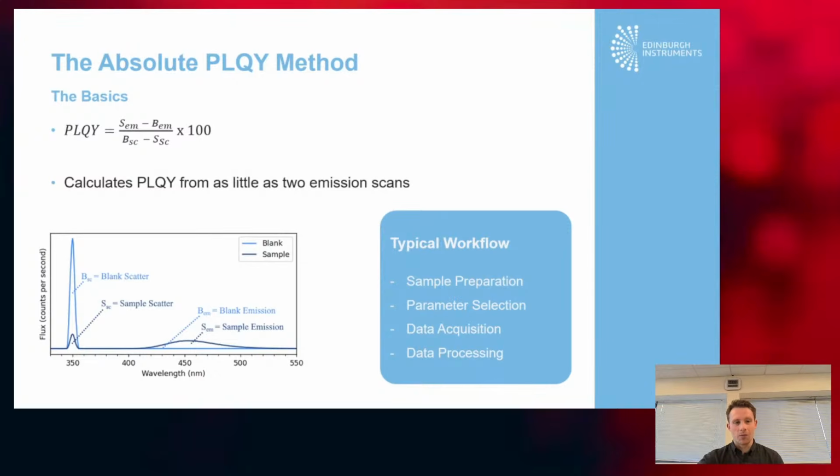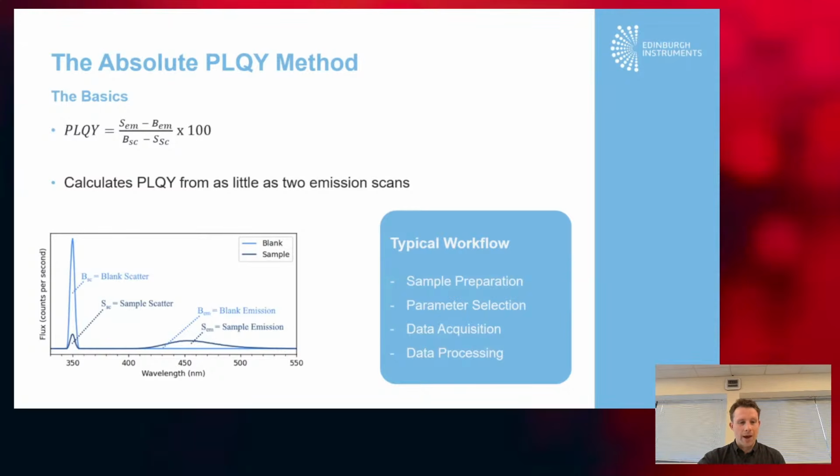In the absolute quantum yield method, in practice, this is measured by measuring the emission of your sample versus the emission of the blank, which is divided by the scattering of your blank minus the scattering of your sample. And this allows us to calculate PLQY from as little as 2 scans, making it much, much more simple.